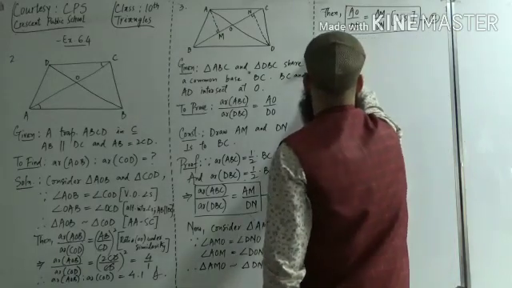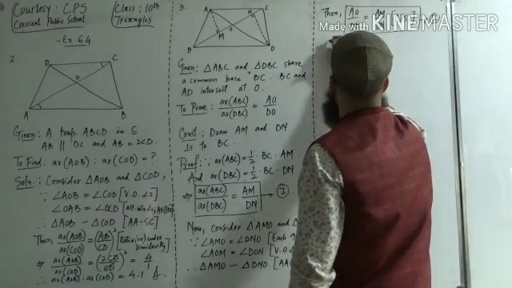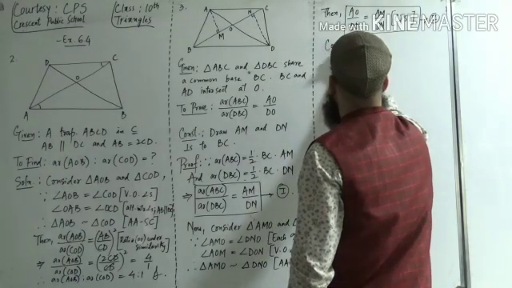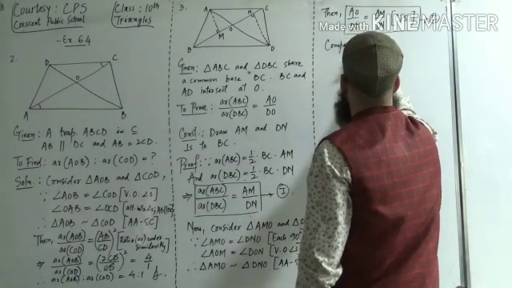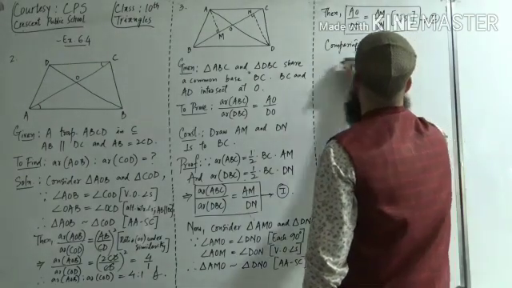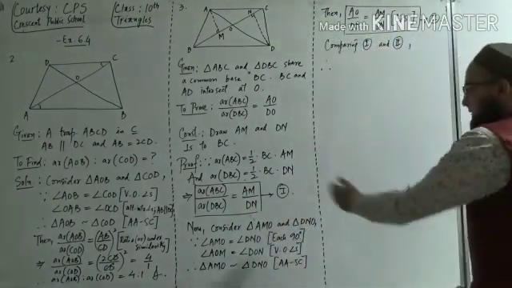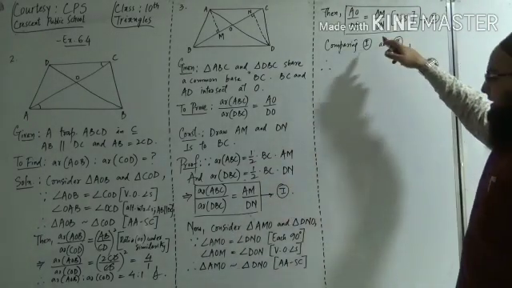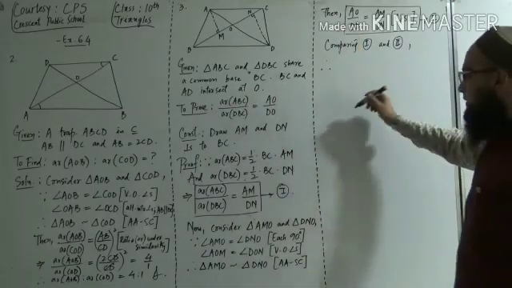Now compare first and second. When you compare first and second, you see AM by DN on both sides. So the left side is also equal.